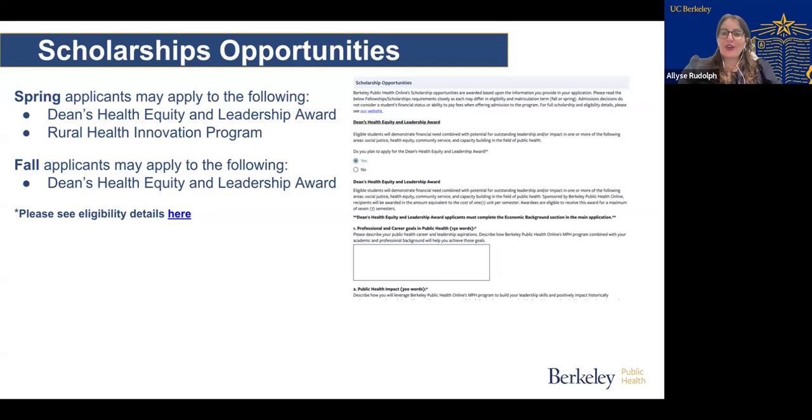So this is basically where you can see any scholarships that we're offering in a given term, indicate that you want to apply for it, and then it'll populate the relevant questions. Some scholarships, I will say, do have an external, more in-depth supplemental application, but you would also see those options here as well if they're available at that time.